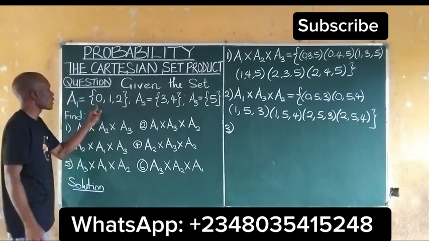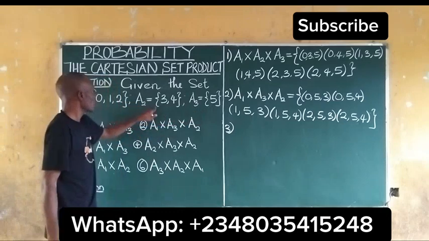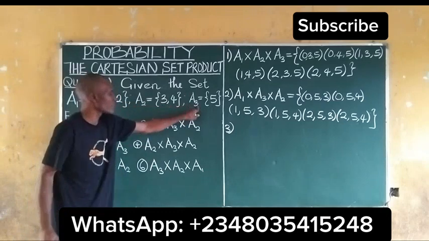That means A2 comes first, then A1, then A3.